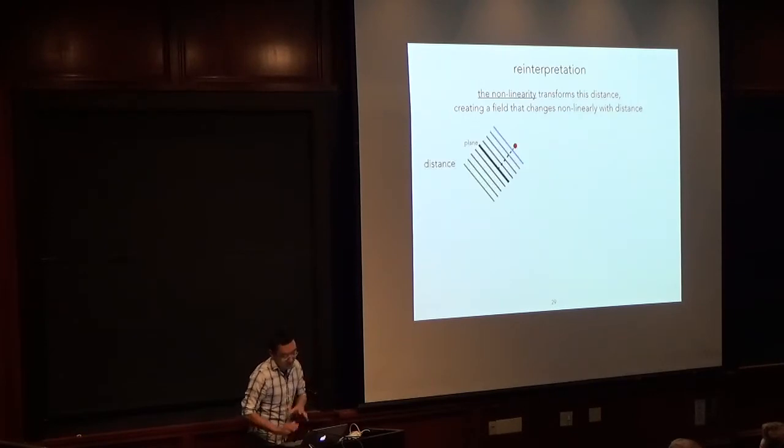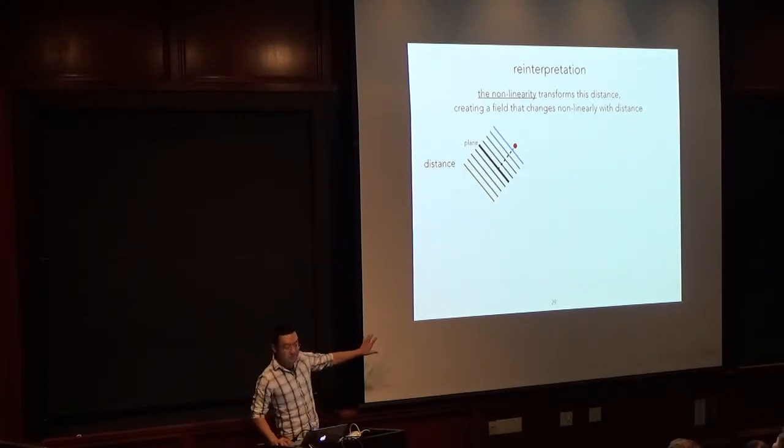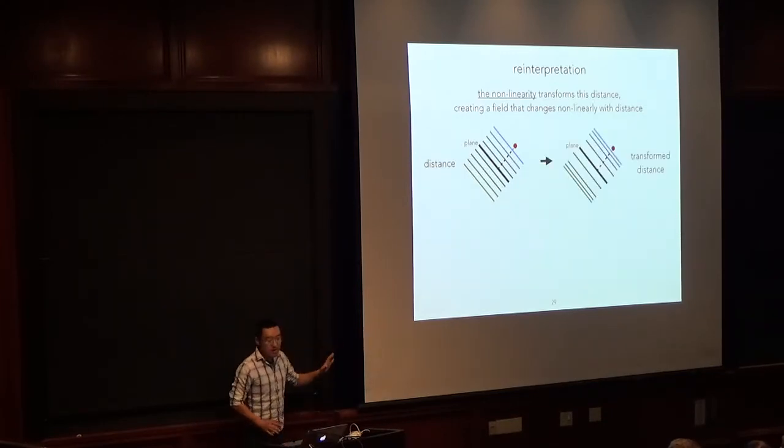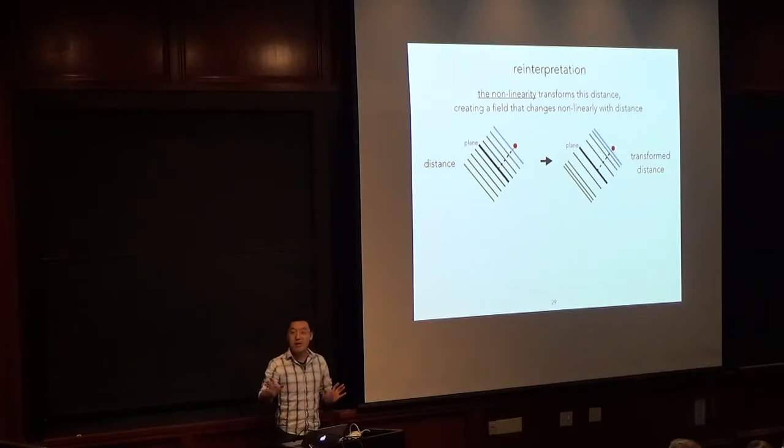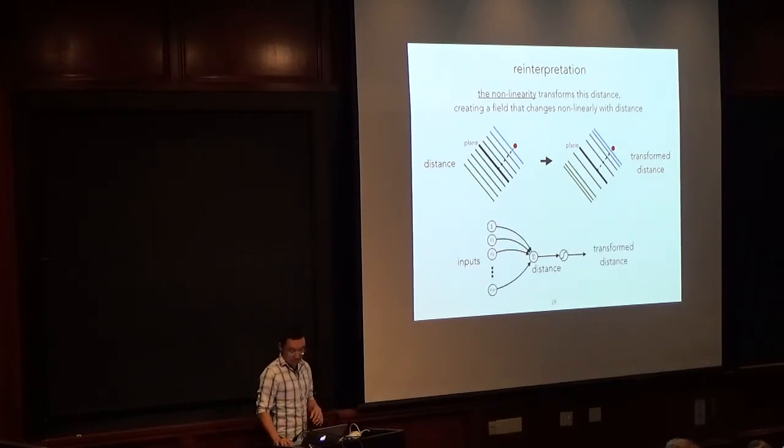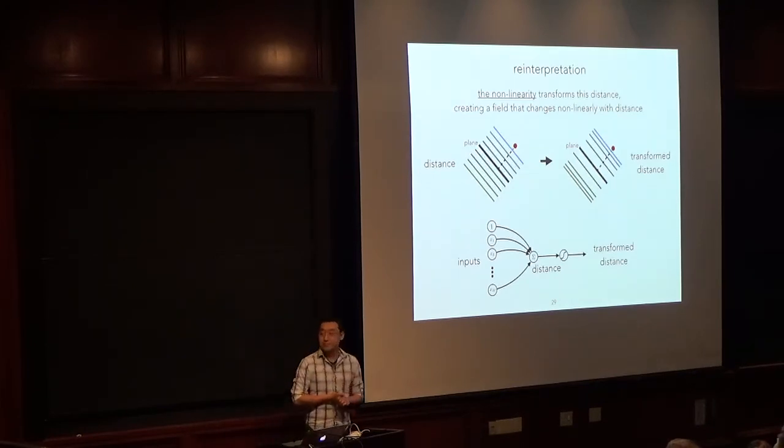So we have this signed distance to this hyperplane, and this is the original distance. When you apply this nonlinearity, we stretch. It's a monotonic transformation, but because it's nonlinear, it stretches or compresses this distance in different ways, and that's what we get out of an artificial neuron.